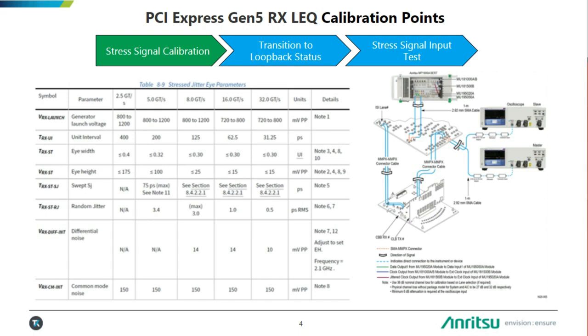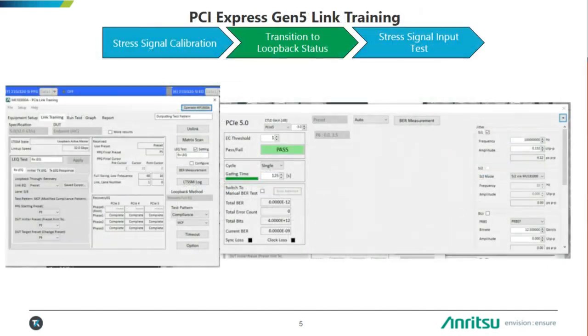But anyway, this is a target stressed eye, and using a scope, you can achieve the stressed eye conditions. And once calibration is done, hook up your DUT. The first step is to make the DUT loop back.